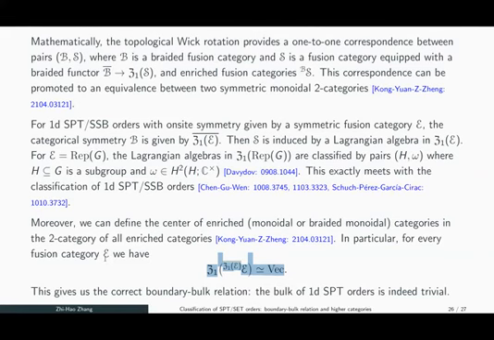More questions? I have a question. When you say some SPT or SCT is the bulk of another SPT or SCT, do you assume the symmetries are the same between bulk and boundary? Yes. But in reality, are there cases where the symmetries are not the same? I don't know such examples, but maybe the symmetry has spontaneous symmetry breaking.